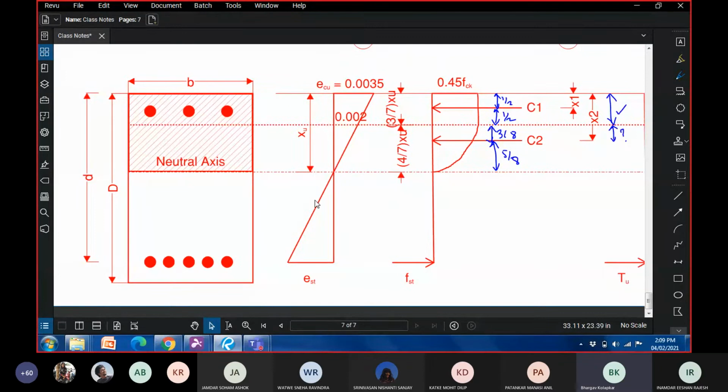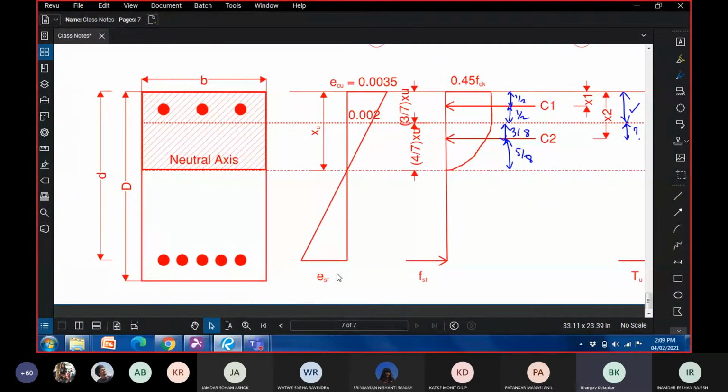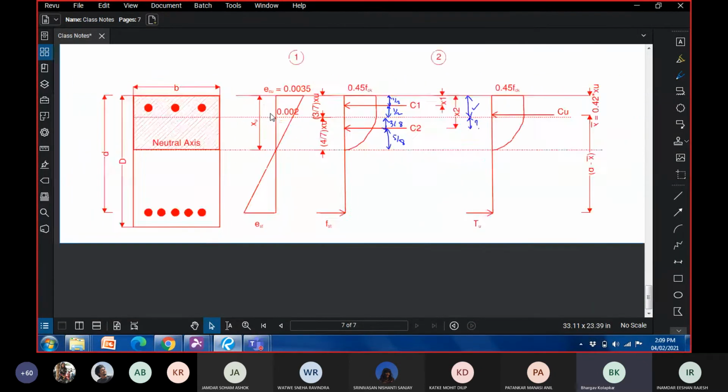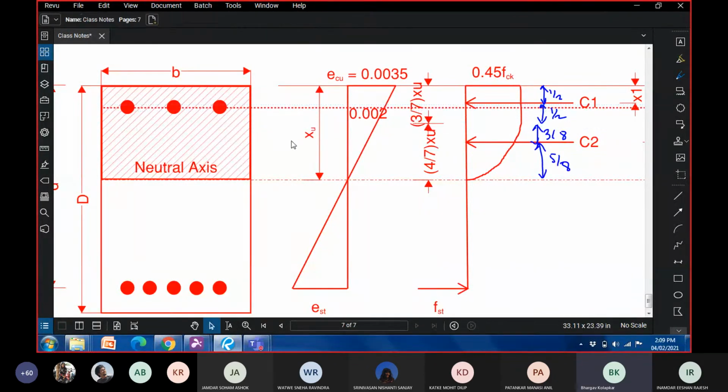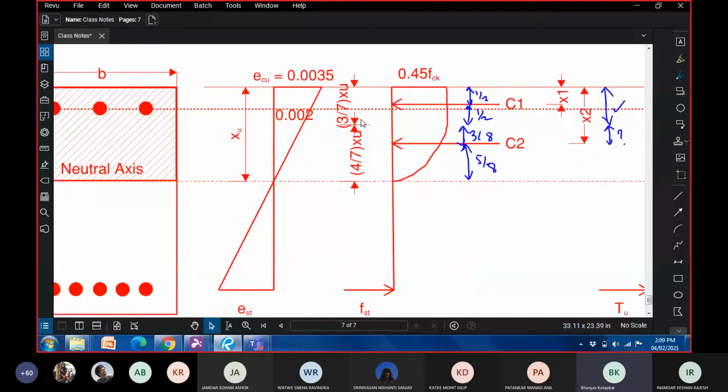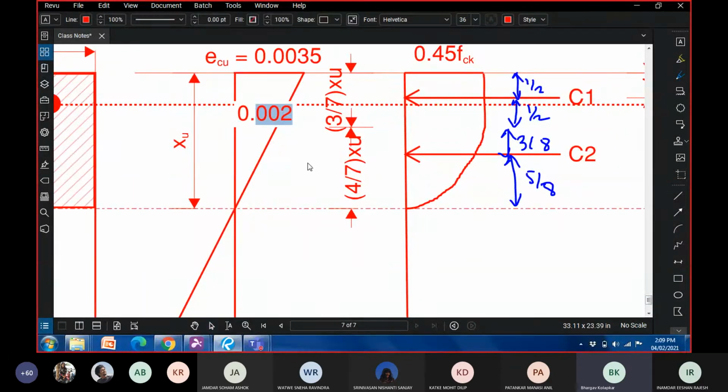As before, we would consider the strain variation. The maximum strain in tension steel is epsilon ST at the ultimate limit state. The maximum compressive strain is 0.0035. Here we have an additional level at which we'll have to consider our strains, which is the level of compression steel.